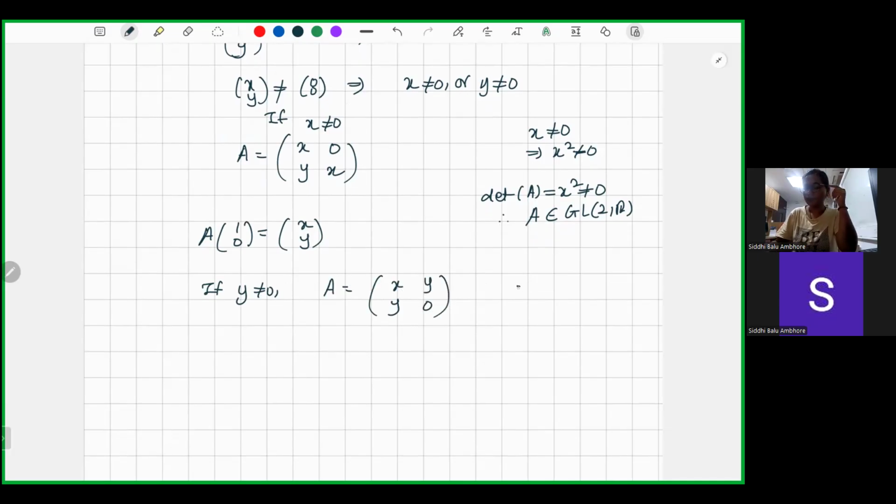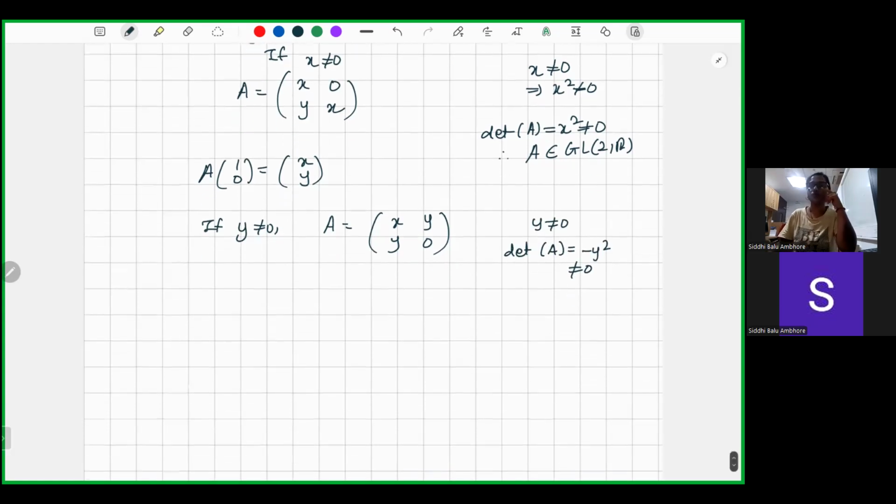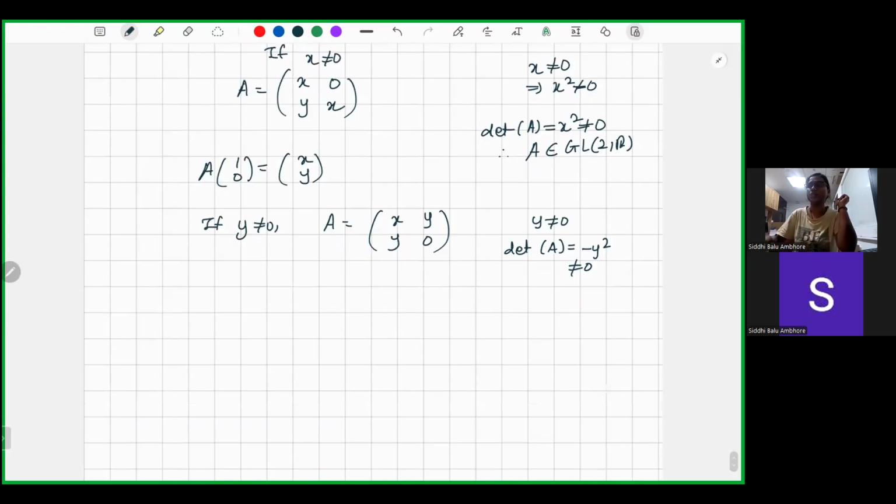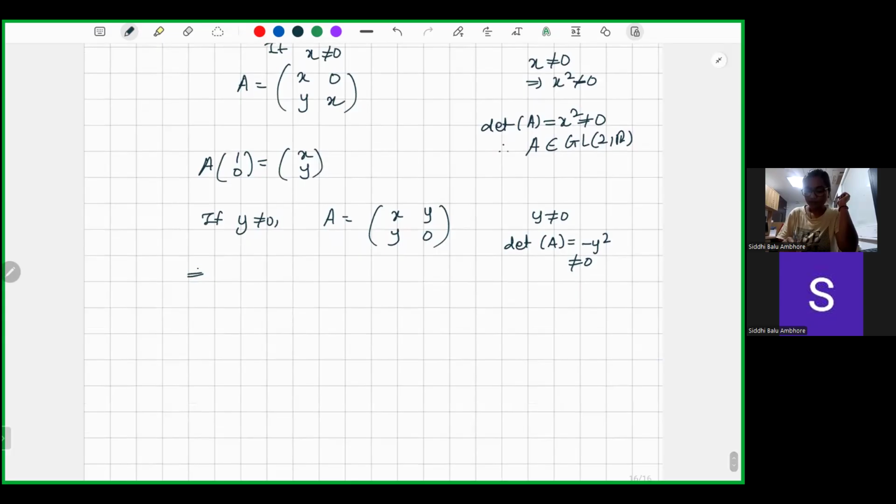Here, since y is non-zero, the determinant of A will be minus y squared, which is again non-zero, so this matrix A belongs to GL2R. Then A into 1, 0 will be x comma y.